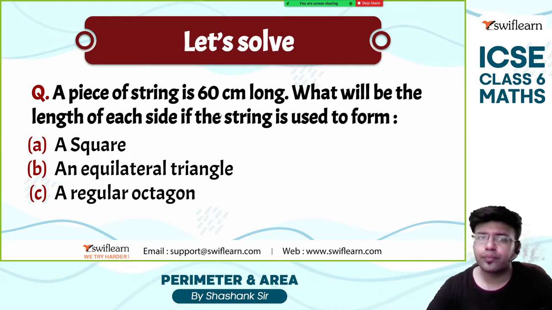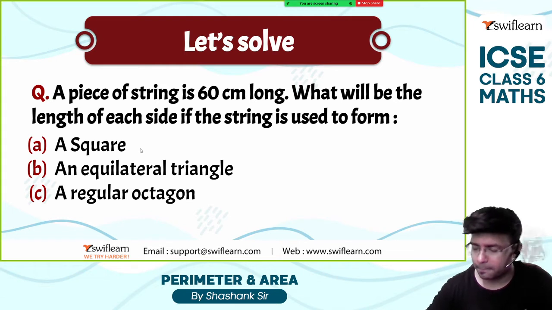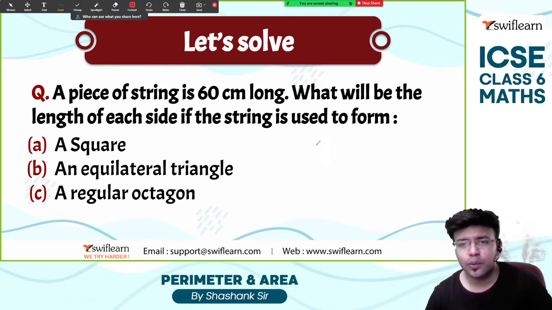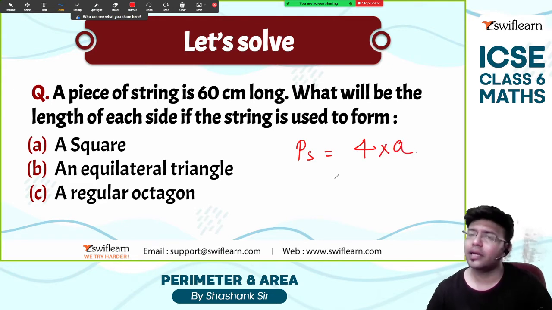Okay, a piece of string is 60 centimeter long. What will be the length of each side if the string is used to form a square? Okay, in a square all the sides are equal, so the perimeter of square, PS, is given by 4 times the side.